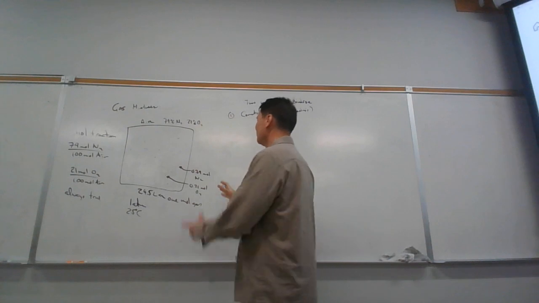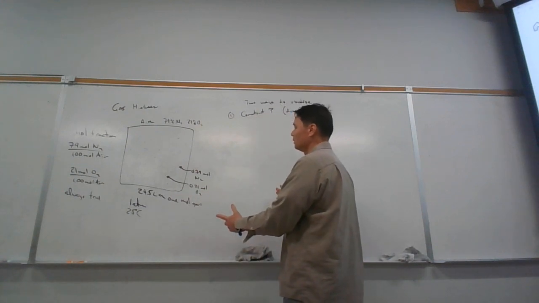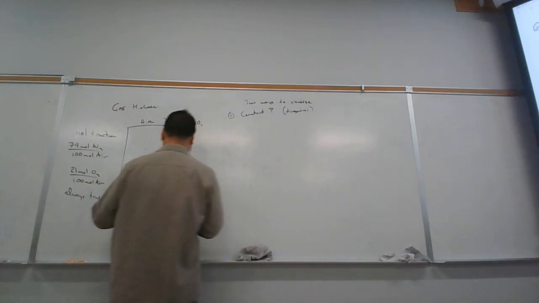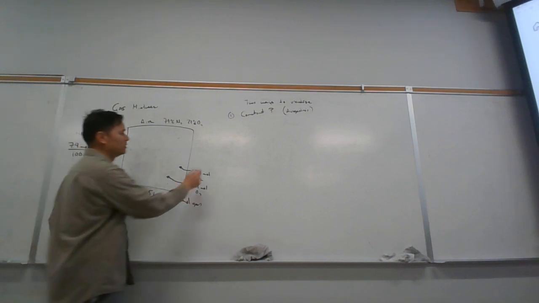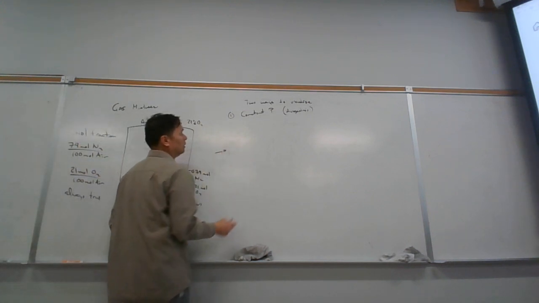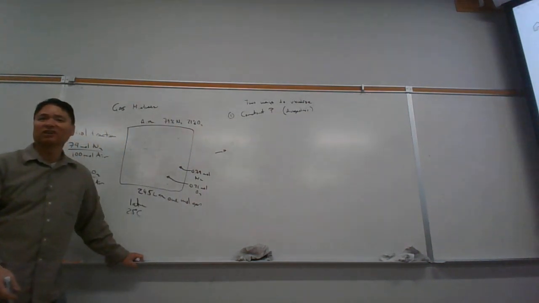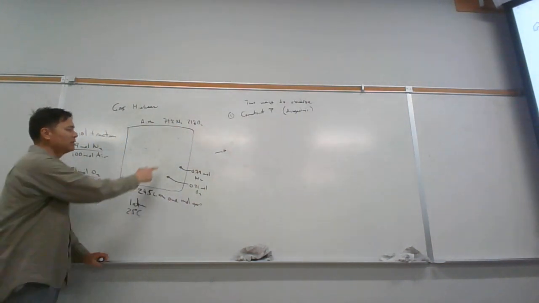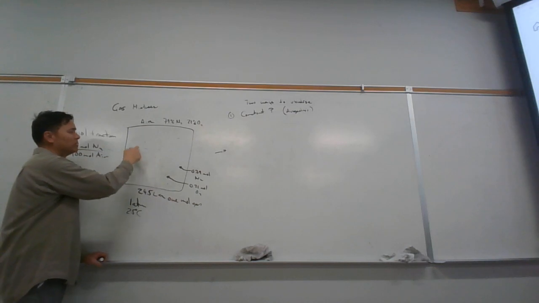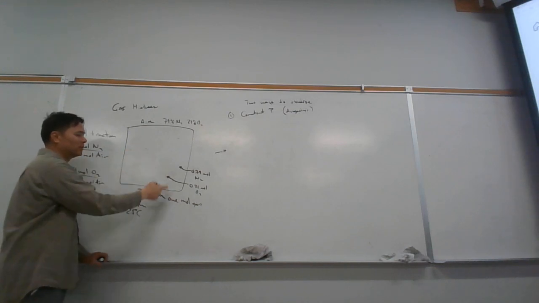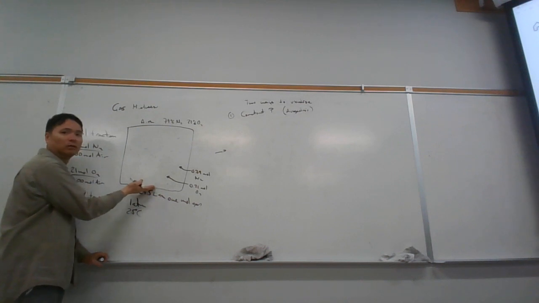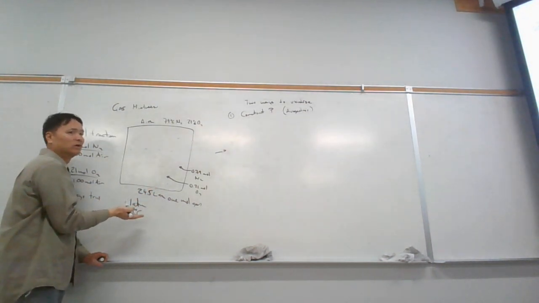So what I'm going to do is I'm going to remove the nitrogen. If I remove the nitrogen and keep the container size the same, what's going to happen to the pressure? If I remove all the red ones here, am I going to have as many collisions with the wall? No, the pressure is going to drop.